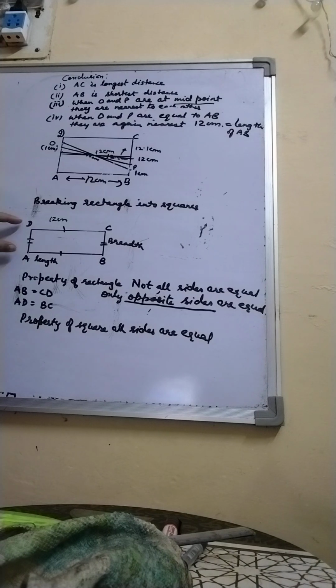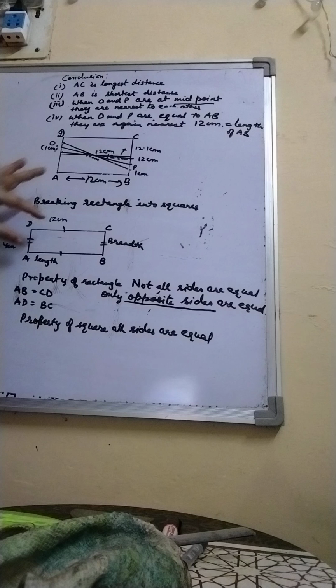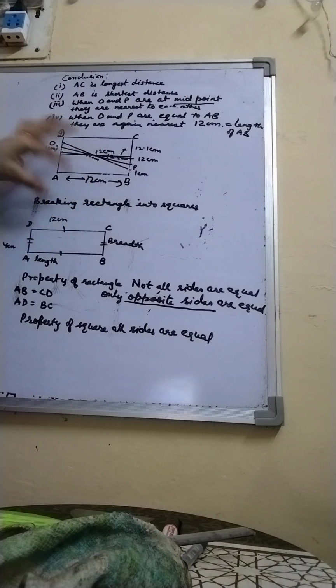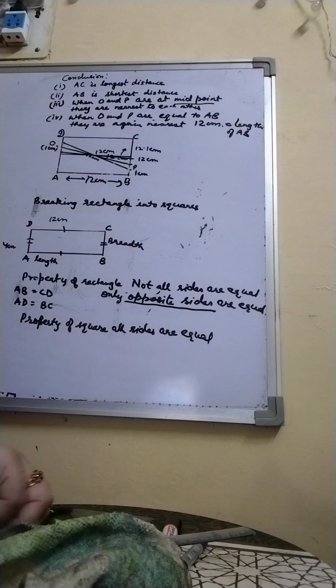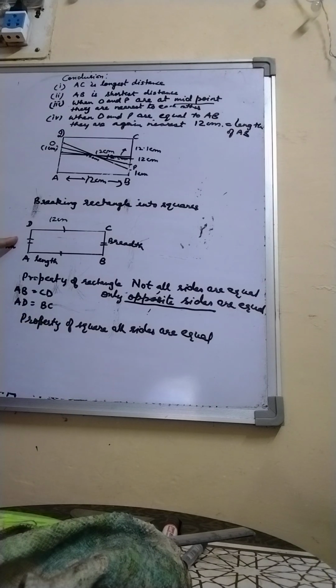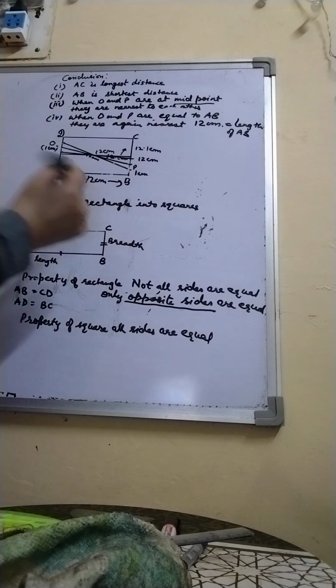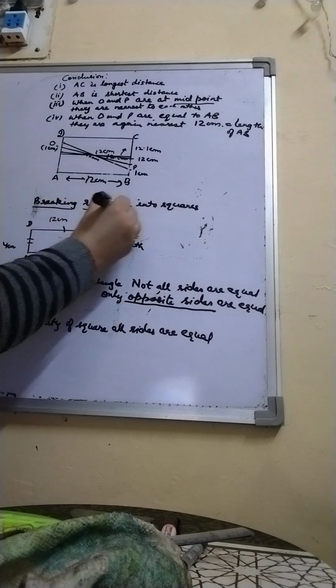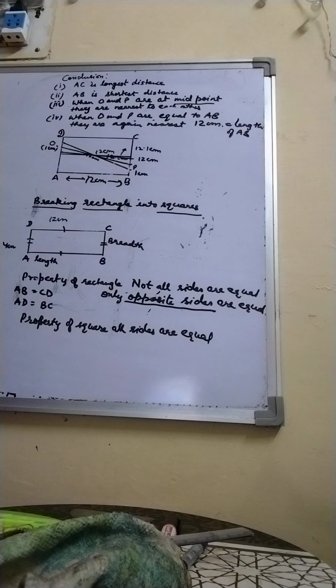That means if this is 4 centimeter, then other side should also be 4 centimeter. All other sides should also be 4 centimeter. So this is the point which we will use in this activity. What is the activity? That you have to break the rectangle into squares. Breaking the rectangle into squares.